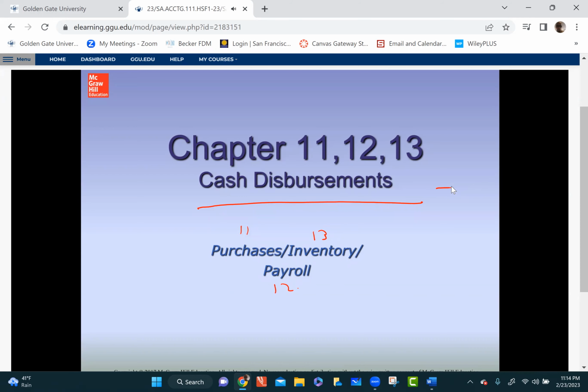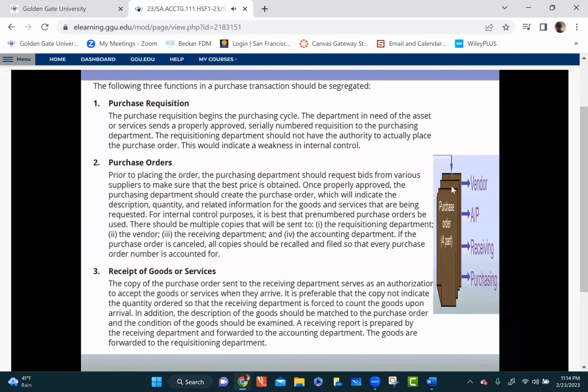So let's just take a look at purchases. We start with the purchase requisition. With the purchase requisition, the department in need of the assets or services sends a properly approved purchase requisition to the purchasing department.